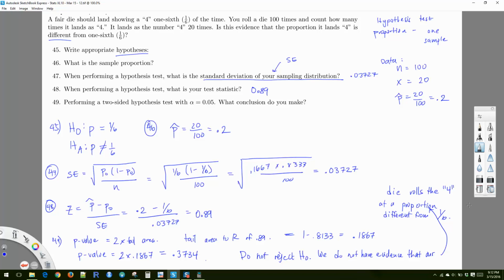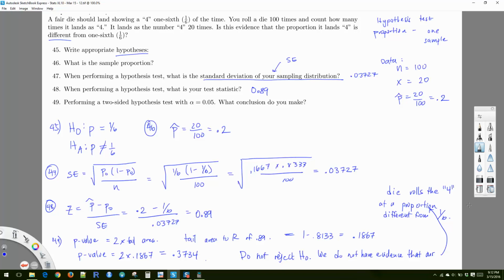Yes. For the tail area? Yeah. Okay, so the rule is if the alternative has a greater than sign, you take the area to the right. If the alternative has a less than sign, you take the area to the left.